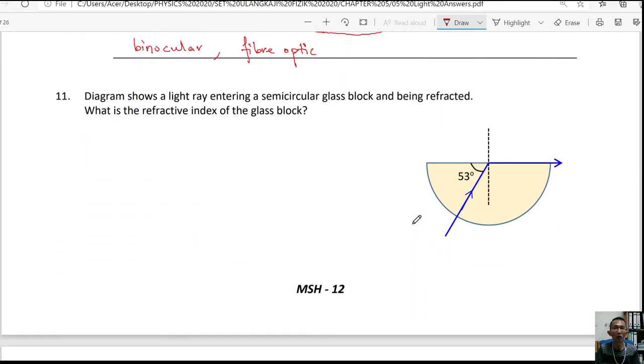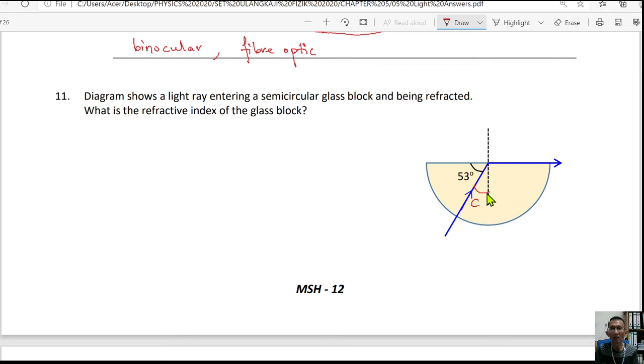A diagram shows a light ray entering a semicircular glass block and being refracted. What is the refractive index of the glass block? So I see a light and it's being refracted at the surface here. What do I know? I do know that this angle here must equal our critical angle.